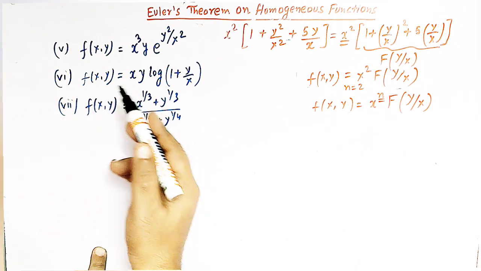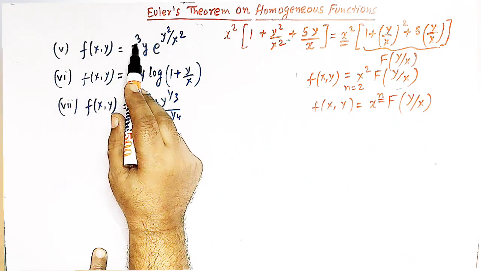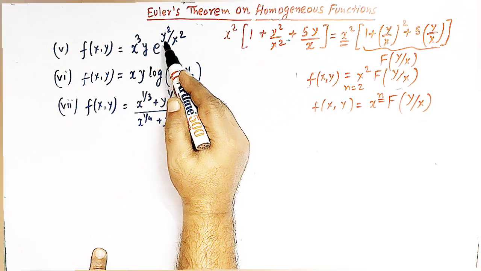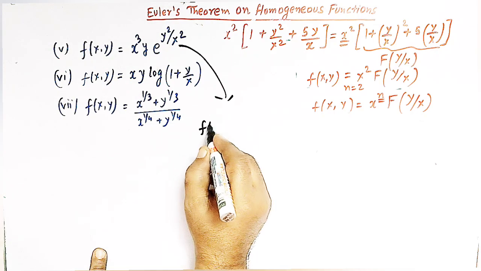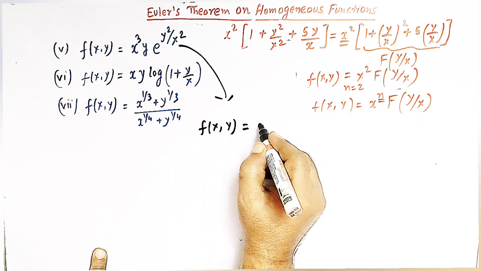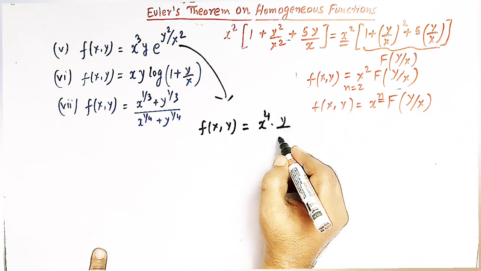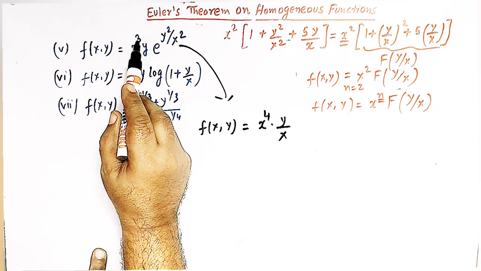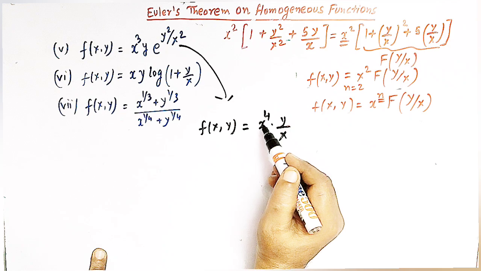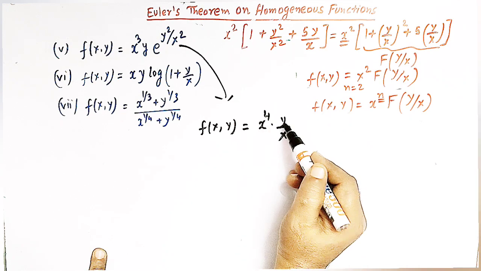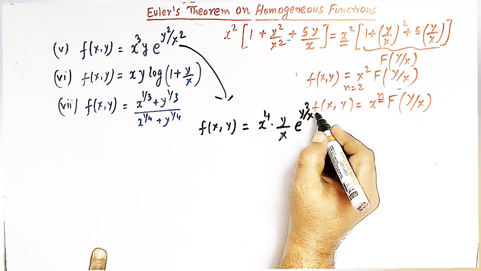Now let us quickly see three more examples. So here the fifth one is f of x y is equal to x cube y times e raised to y square over x square. So we can now write this function f of x comma y as x raised to 4, and then here we can write y over x. Here we have x cube y, and here we can multiply and divide by x. So we have x raised to 4 times y over x, and then we have e raised to y square over x square.